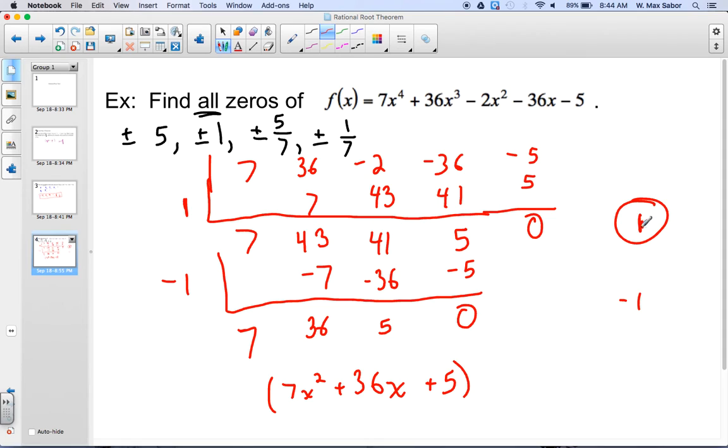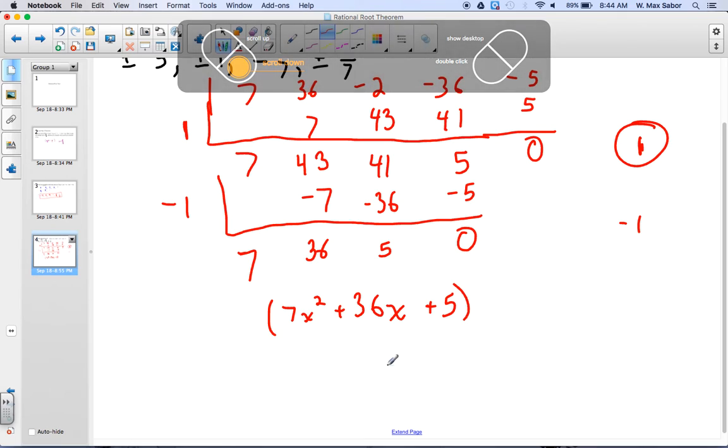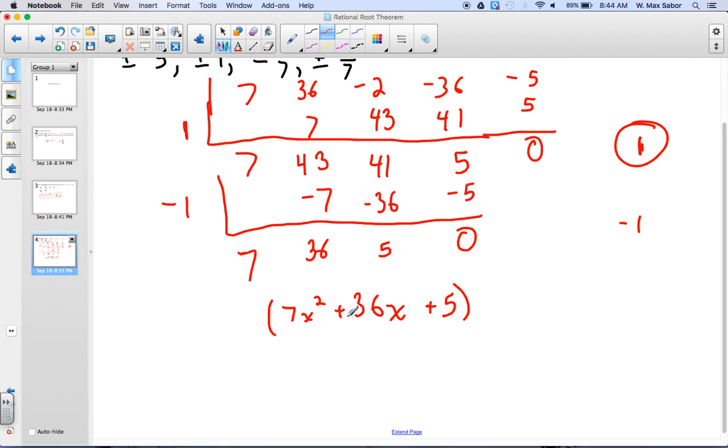So we have x minus 1 is a factor, x plus 1 is a factor, and then we're left with this. We need things that multiply to 35 and add to 36. Well, 1 and 35 work. So now that we've gotten it down to a quadratic polynomial, we can use methods that we're used to.